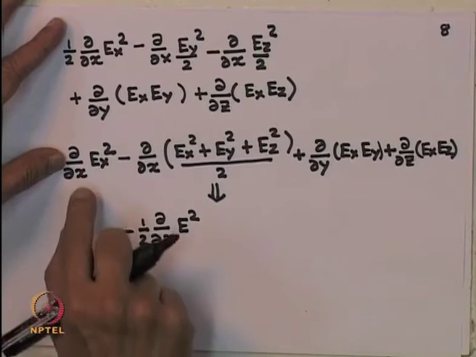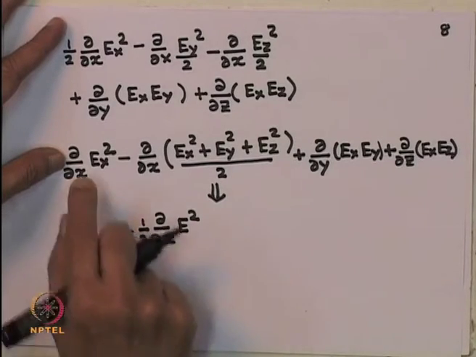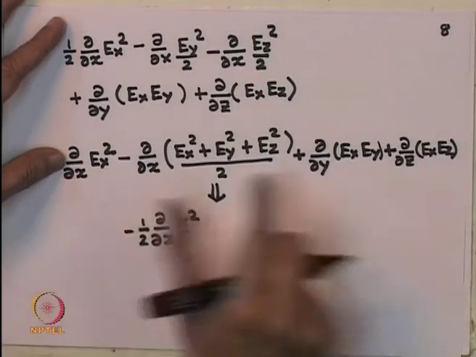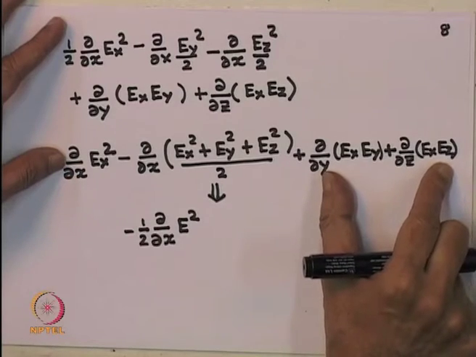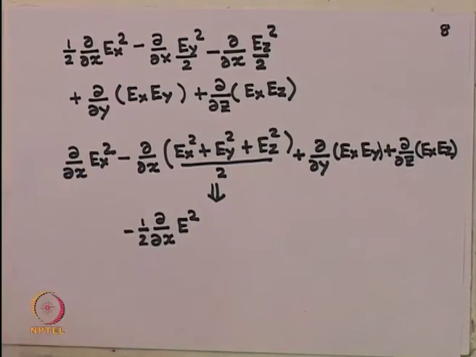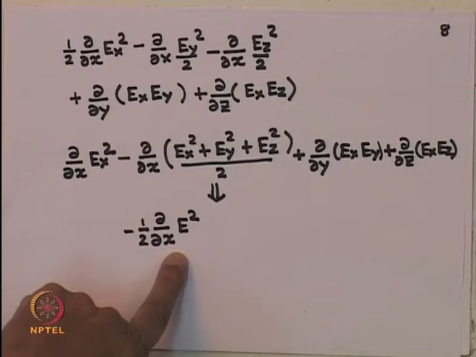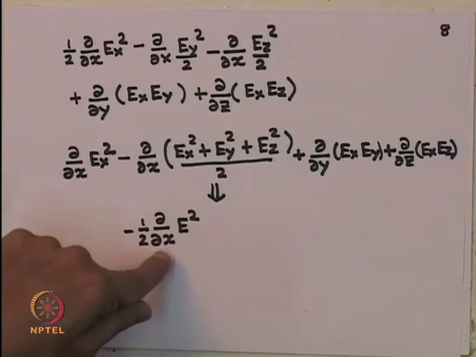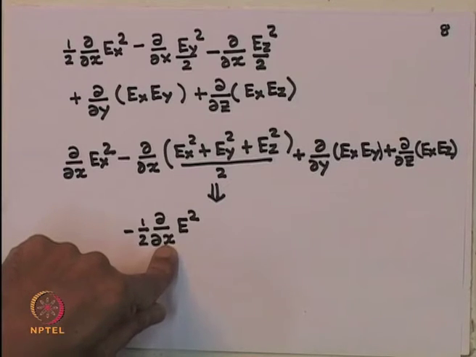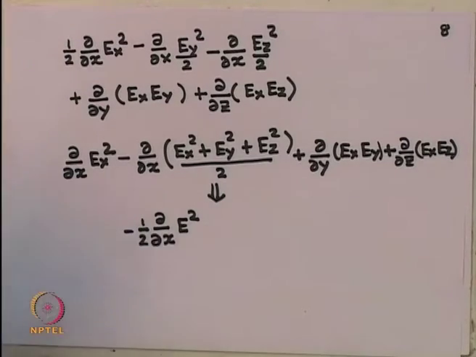So, what I am going to get here is a set of terms which I have not quite come across, because this term which is d by dx of E square and d by dy, d by dz, is nothing but the gradient of the energy density.